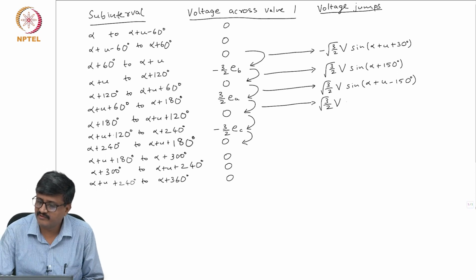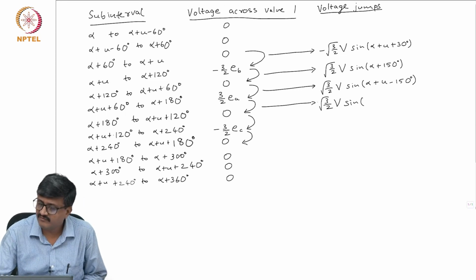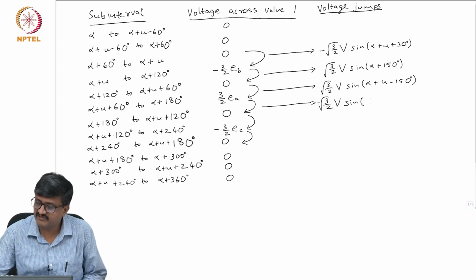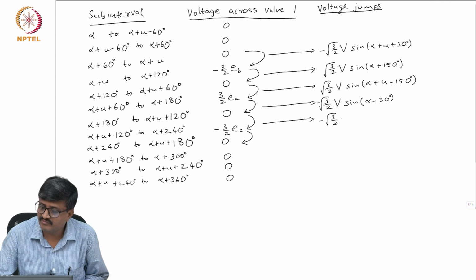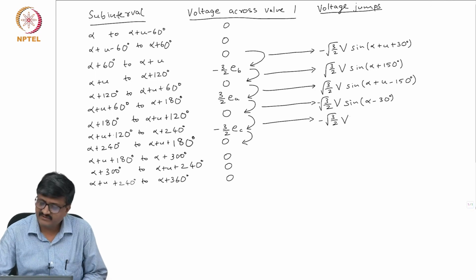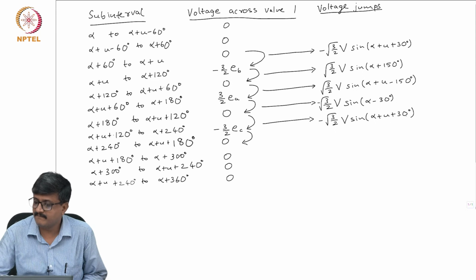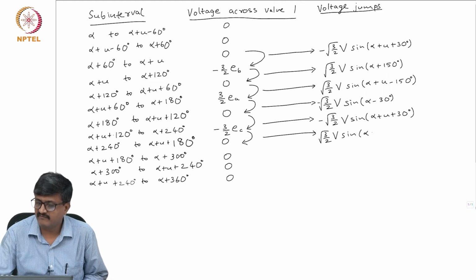Then minus root 3 by 2 V sine alpha minus 30 degrees, minus root 3 by 2 V sine alpha plus u plus 30 degrees, then root 3 by 2 V sine alpha plus 150 degrees.